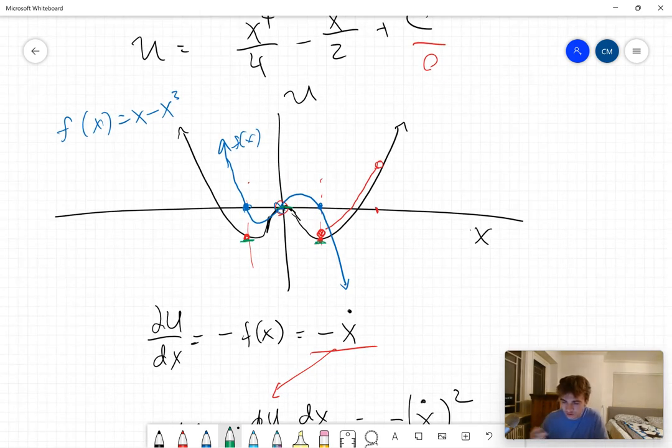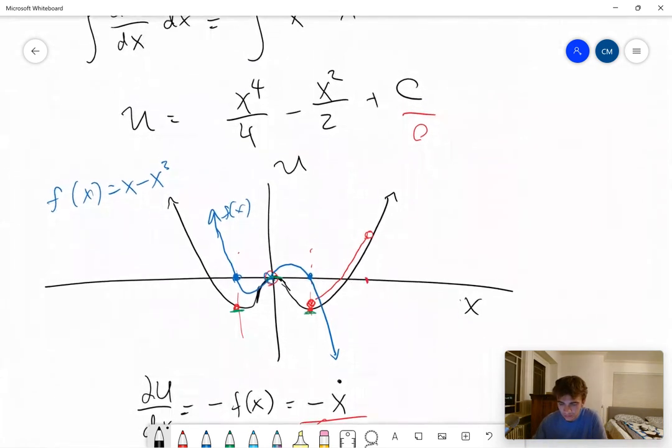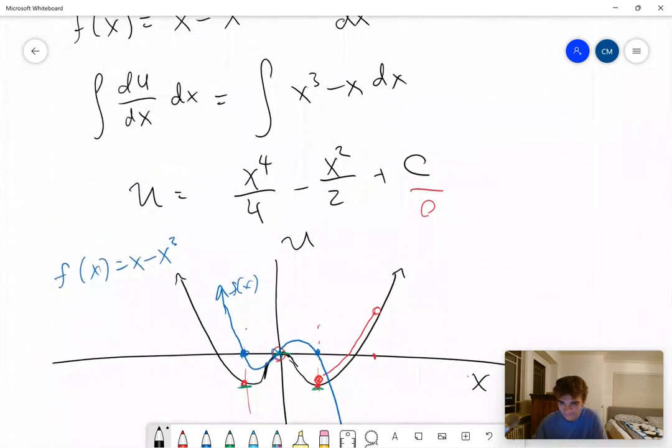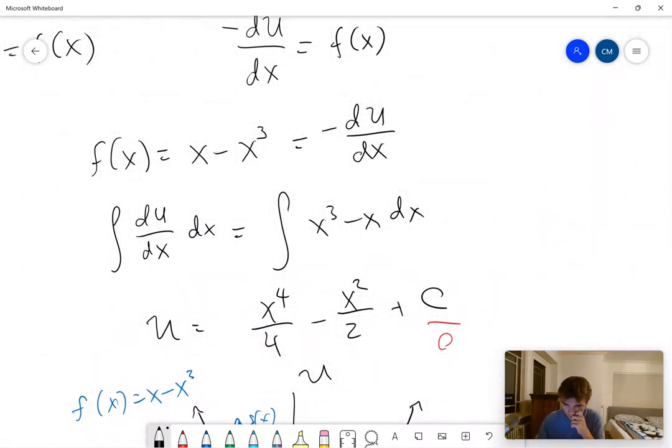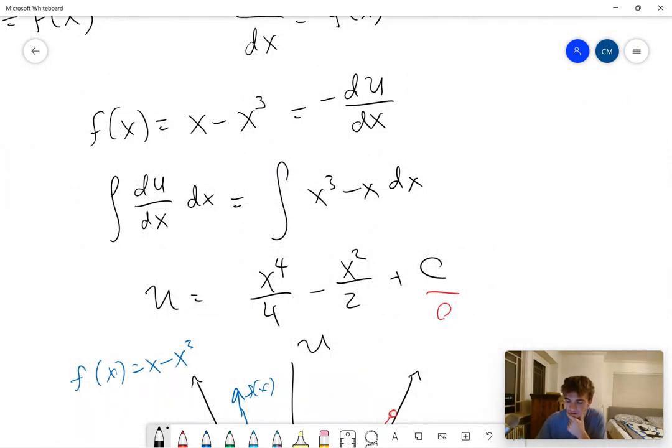But you can see that these two things coincide perfectly. And if you start to think about why this might be the case, essentially the derivative is equal to 0 at this point. So if we look at this partial u over partial x term here, this is our f of x.